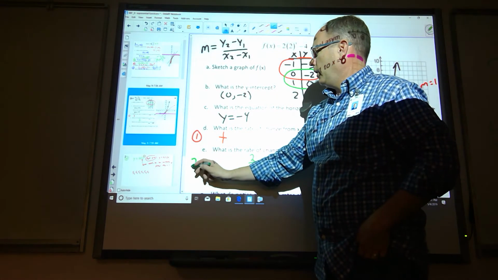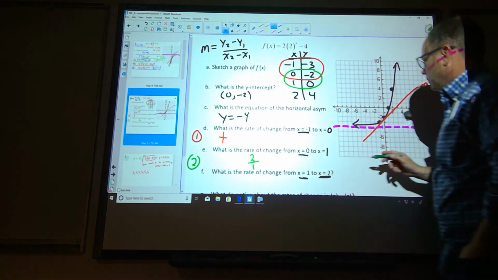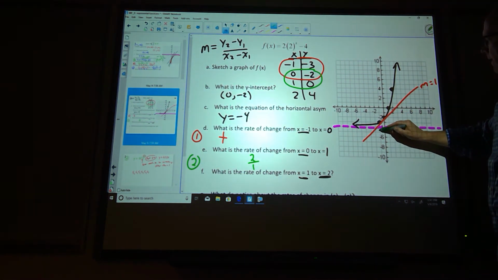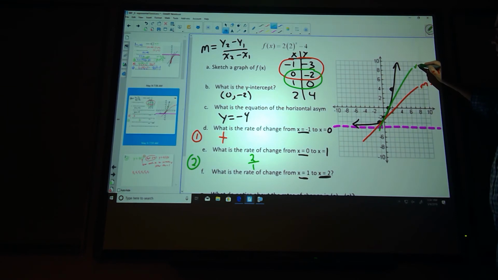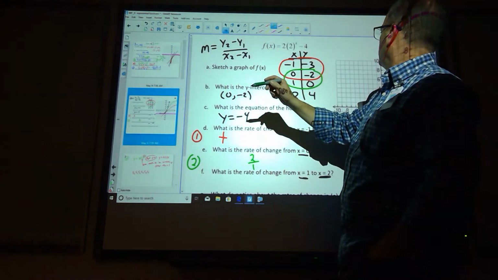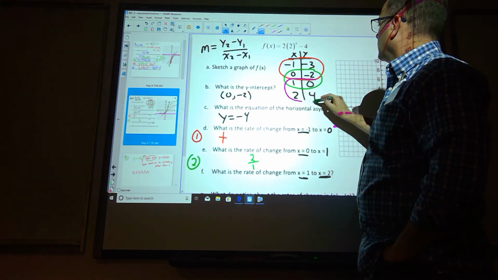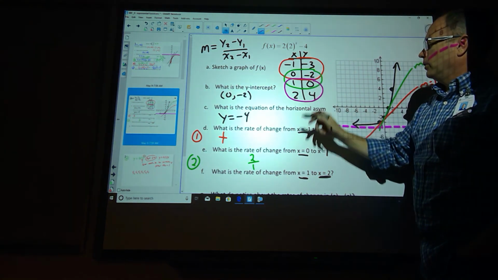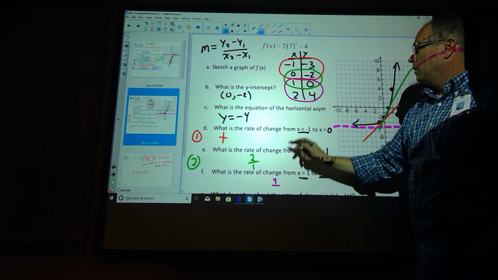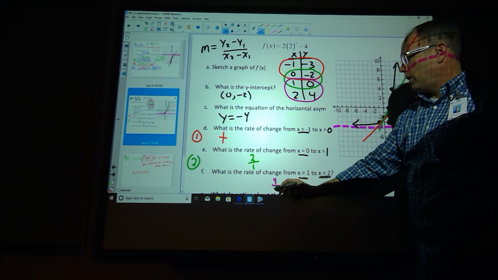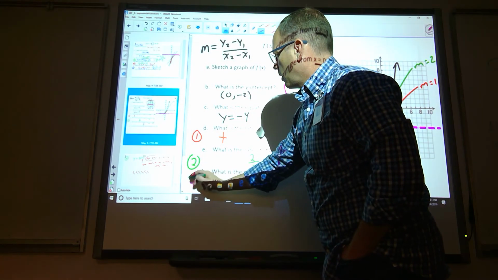So I get 2 here. So from 0 to 1, I have a steeper slope right there. And then from 1 to 2, it's purple. 4 minus 0 is 4. 2 minus 1 is 1. This would be a 4.